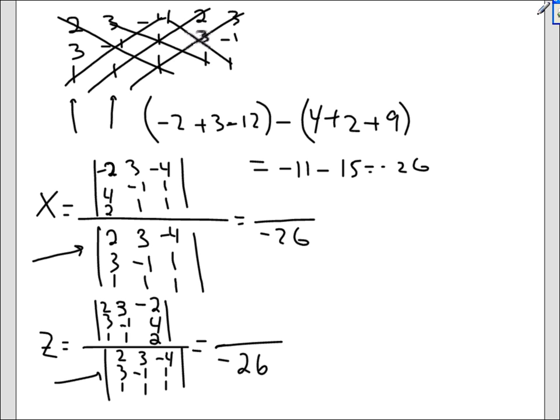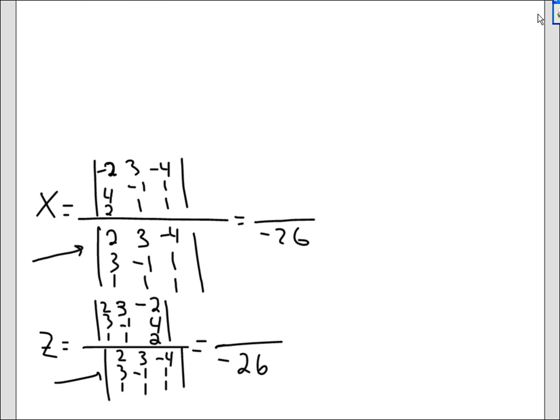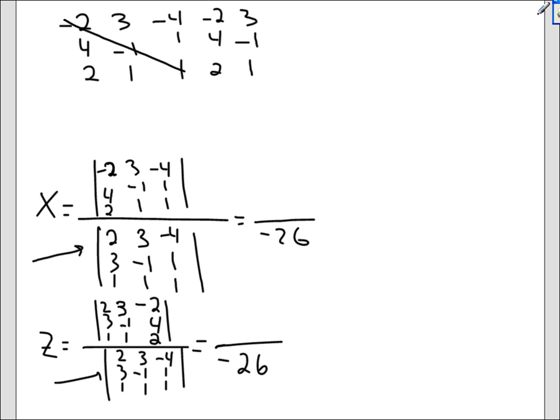To solve, now we have to figure out what the top determinant is. So, we go back to space, we erase all of this, and we redo it. Negative 2, 4, 2, 1, negative 1, 3, negative 4, 1, 1. Repeat the first two columns. 1, negative 1, 3. You multiply, you get 2.